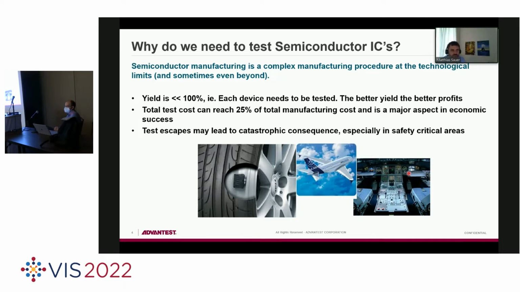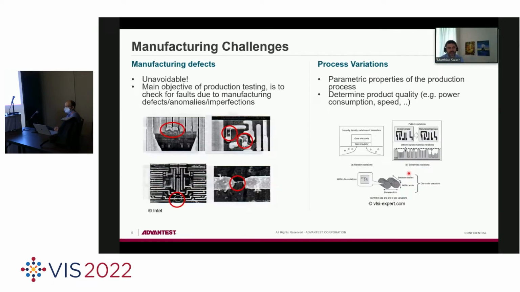But still, it's unavoidable, as there are a lot of defects, a lot of issues that can happen during manufacturing. Just a few examples of this, going to be brief. You can spend ages discussing this. There are actually two main classes of manufacturing issues that can happen. On the one hand, there are the defects, which are due to manufacturing processes.